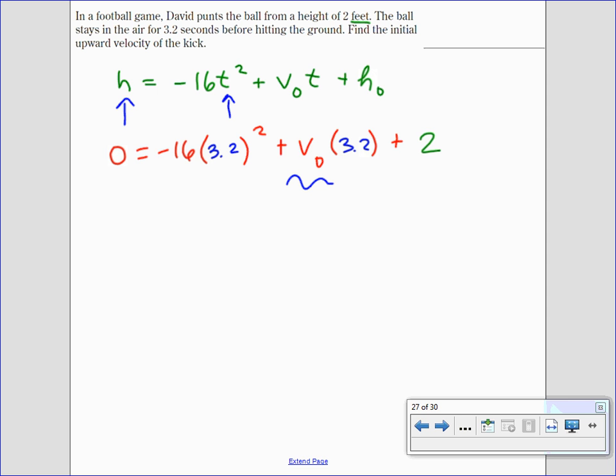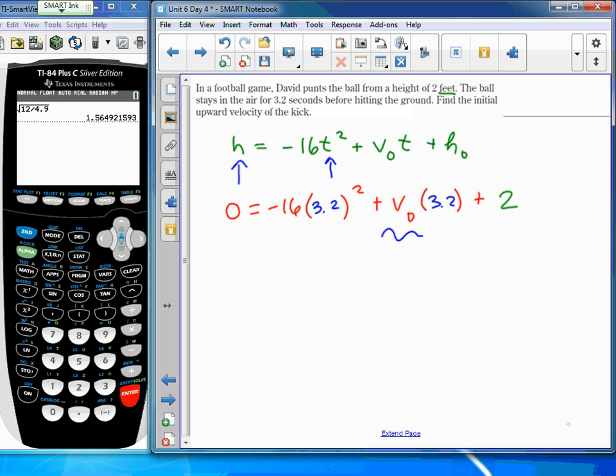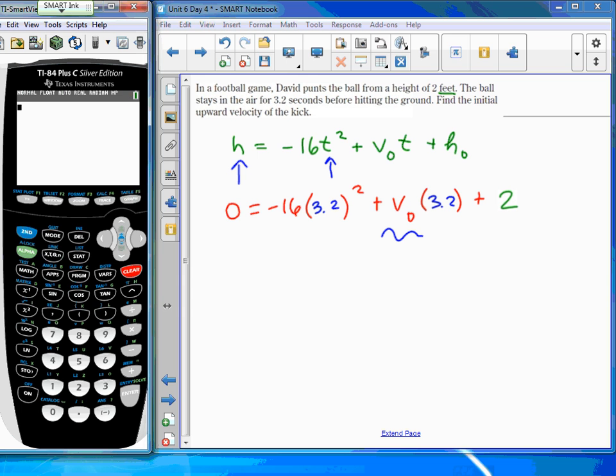So what am I going to do? I'll go ahead and multiply that, add it with this, subtract over, divide by 3.2, and I'm done. So I'm just going to use my regular home screen on my calculator. I'm going to do negative 16 times 3.2 squared.